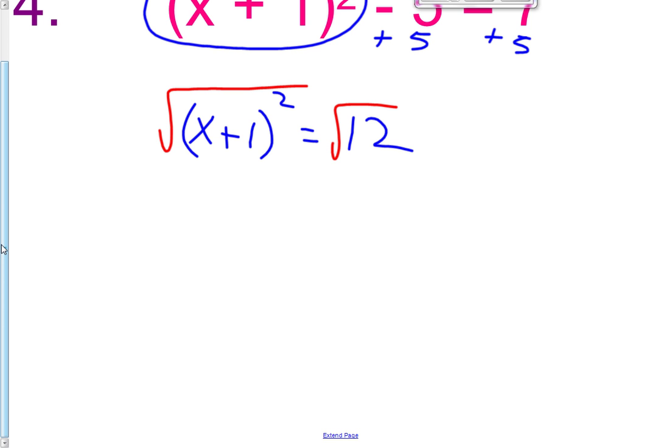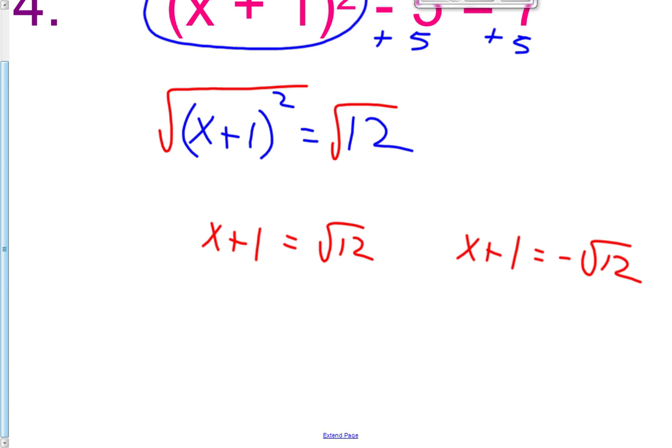So you square root and you get x plus 1 equals plus and minus the square root of 12. So x plus 1 equals the square root of 12, and x plus 1 also equals the negative square root of 12. It equals both plus and minus square root 12.